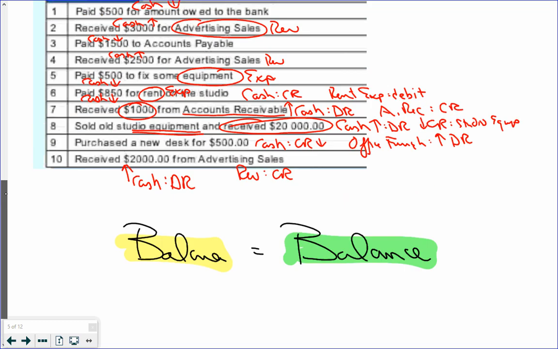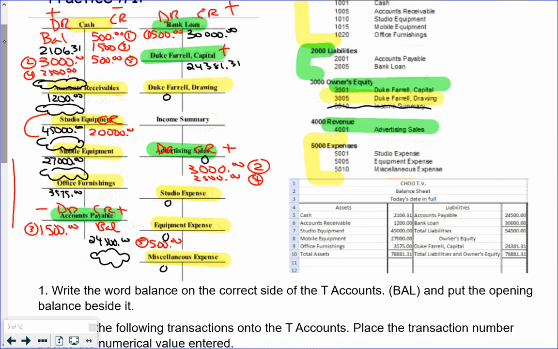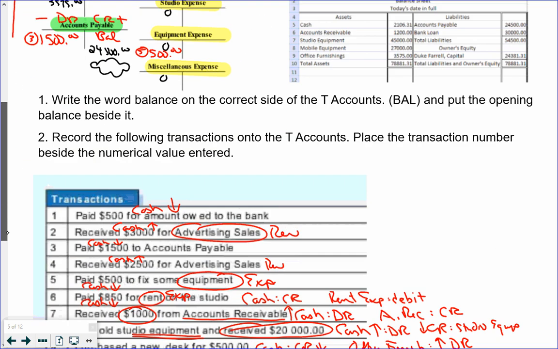Okay, so all of your yellow balances would have to equal all of your green balances. And if they don't, you know you've screwed up. That's where I come in and try to rescue you.